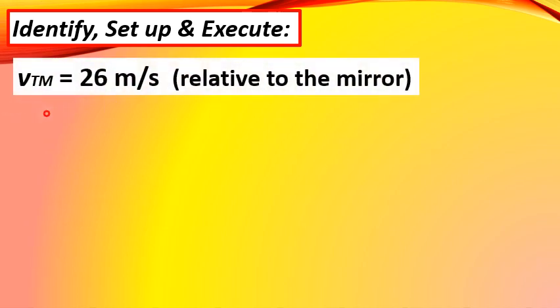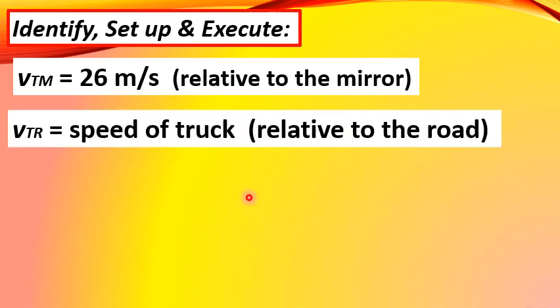Alright, so now that we know the speed of the truck relative to the mirror, which is 26 meters per second, we can now proceed in getting the speed of the truck relative to the road, labeled here as v sub tr.